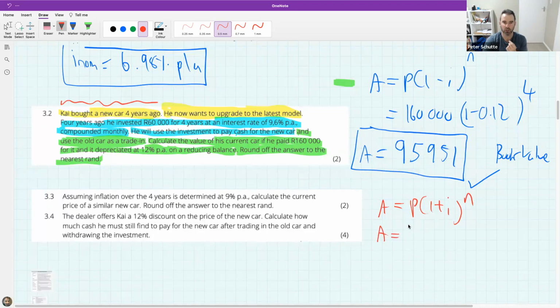This car used to cost 160,000, but I want to know, if I'm using an interest rate of 9% per year, how much will an equivalent car cost today? It's been 4 years. Tell me how much an equivalent car would cost today.